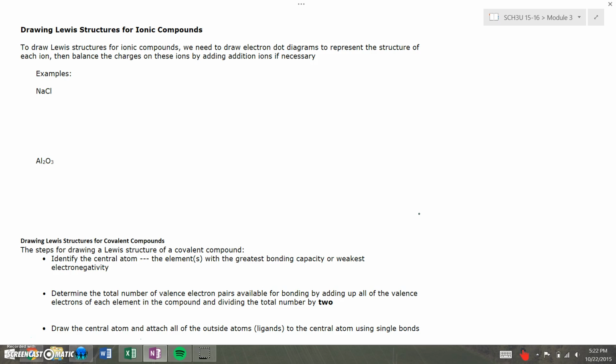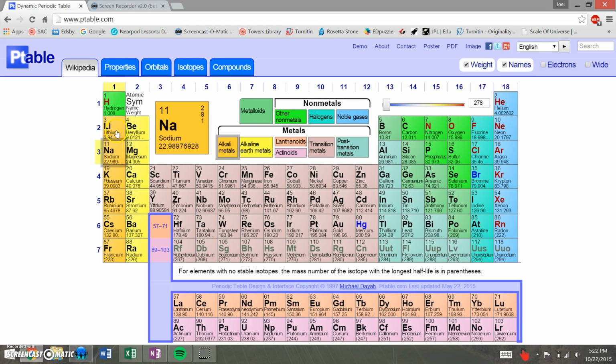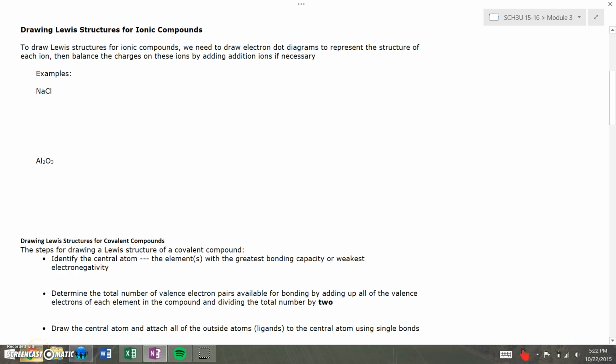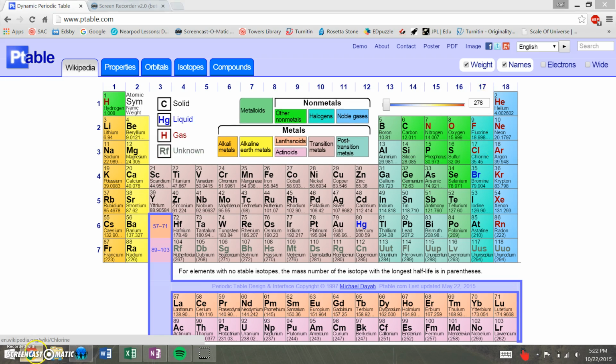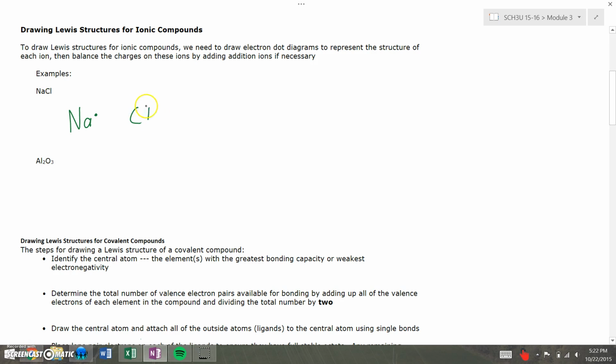If we look at the periodic table, we see that sodium in the first column has 1 valence electron. So our Lewis dot diagram for sodium is very simple. We have the symbol for sodium and our single valence electron. Chlorine, we find it on the other end of the periodic table, and so it must have 7 valence electrons.